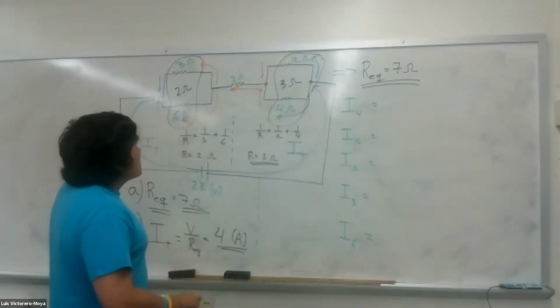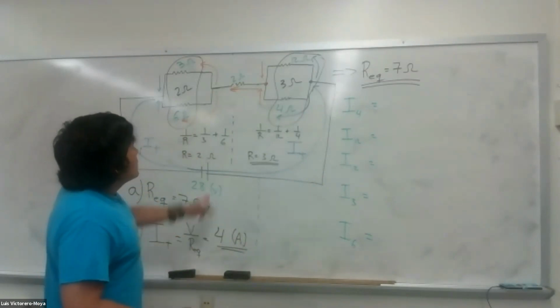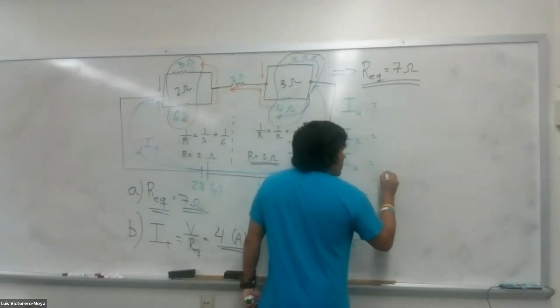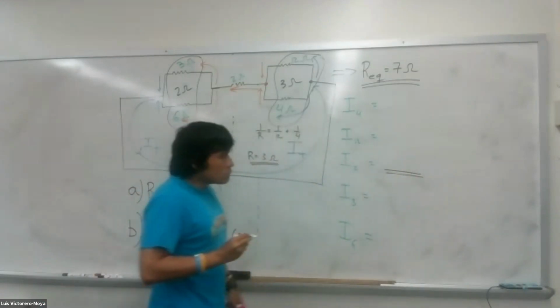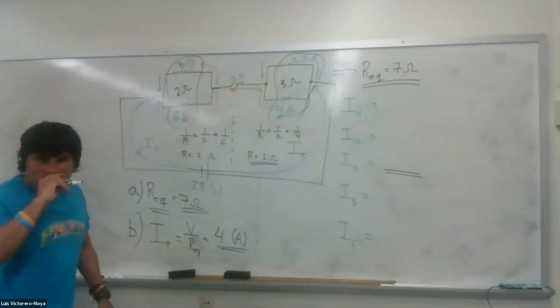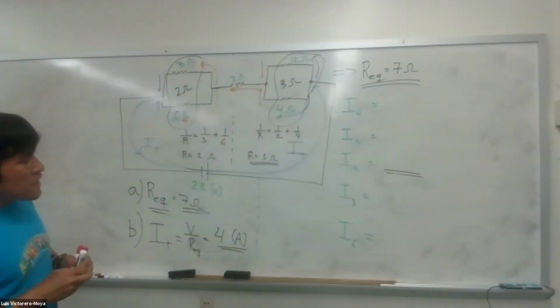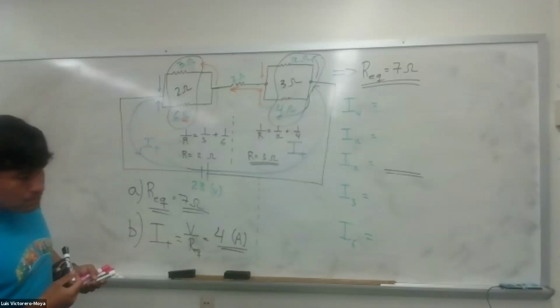All right, can somebody tell me what's the current on 2 ohms? So what's the current here? Just think about it. You might go in the exam right now. What's the current on 2 ohms there?